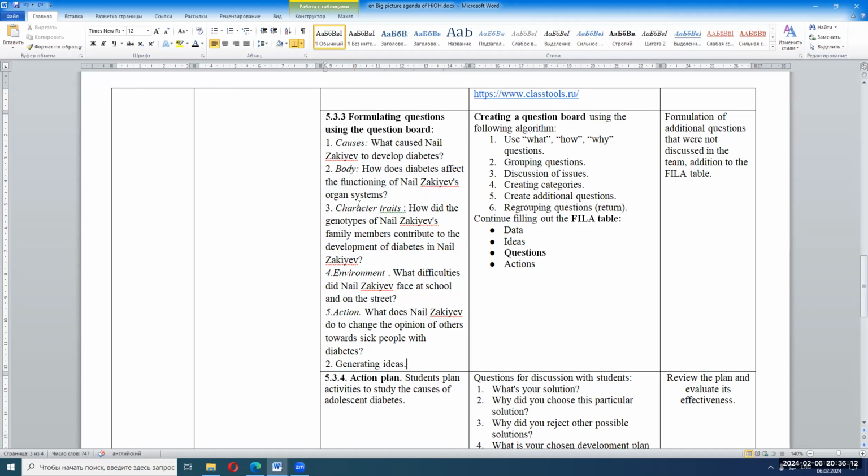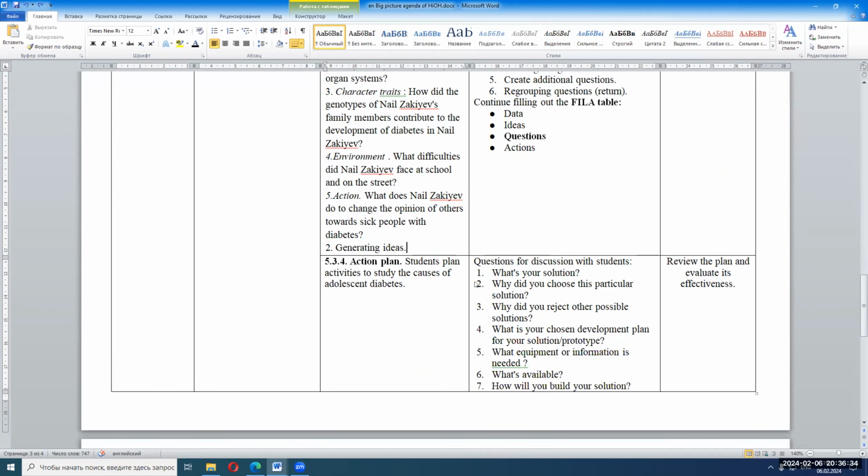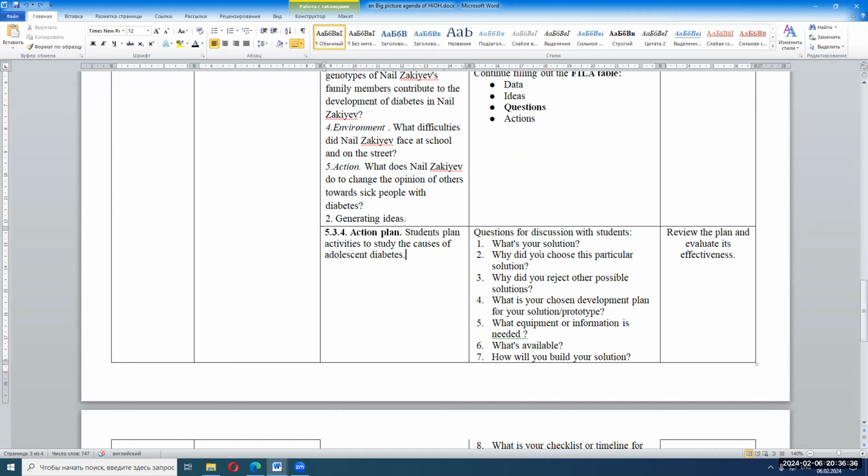With our listeners. Since our listeners are teachers, in-service teachers, they can use these questions as students. Action plan. Also, again, questions for discussion with students. But here, questions more about solution.